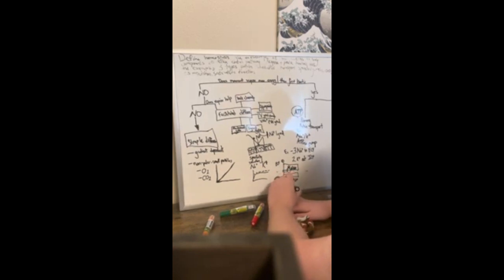Then this will free up, allowing for potassium to bind. And when that phosphate's released, then the potassium is taken out.